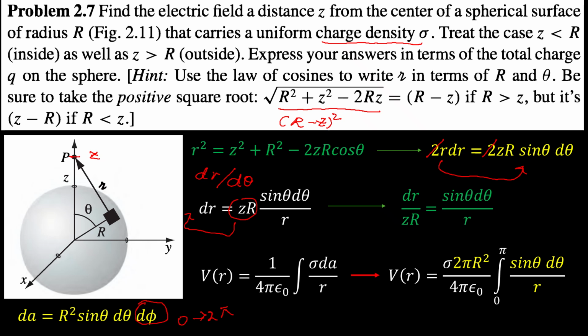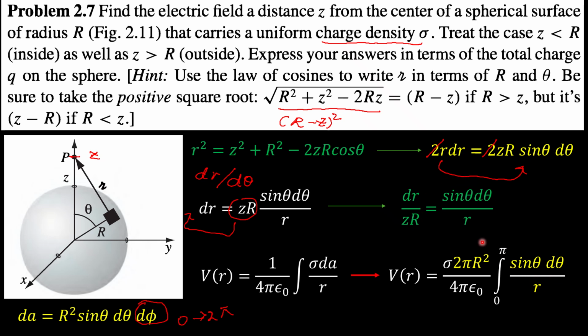I brought that 2 pi outside. And the remaining thing I am keeping as it is: 4 pi epsilon naught, integral between 0 to pi, theta varies from 0 to pi, sin theta d theta over script R.